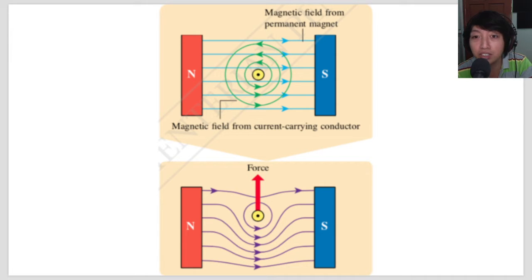And so they are basically using the same principle, where by having two magnetic fields interacting with each other, we can produce a force that causes motion. And so that is the basic principle of how every single type of electric motor works.